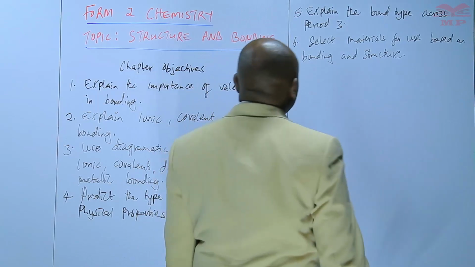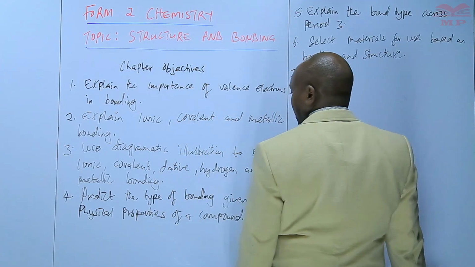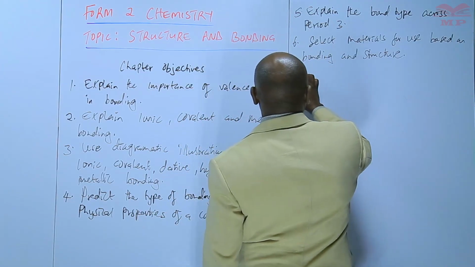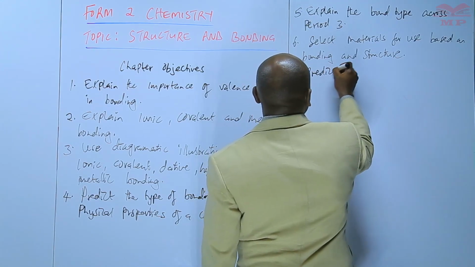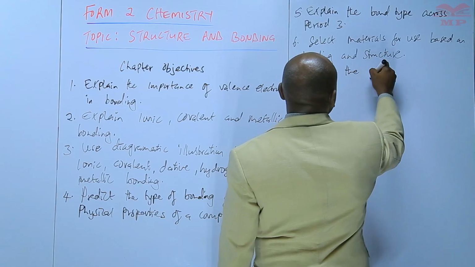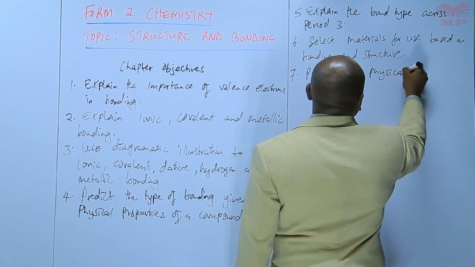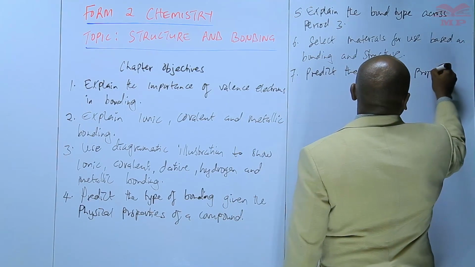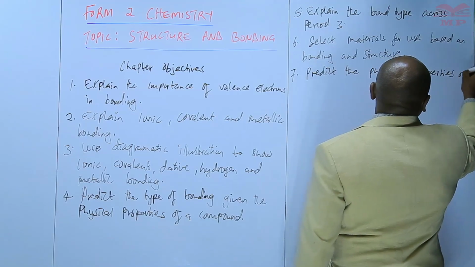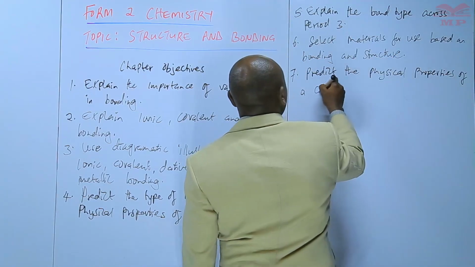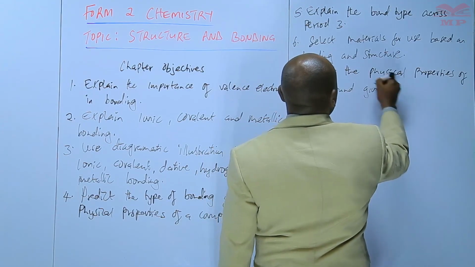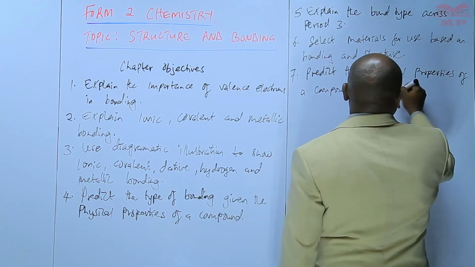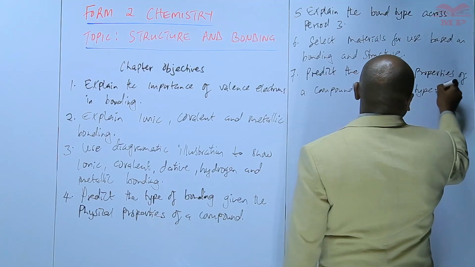And lastly, number 7, we should be able to predict the physical properties of a compound given the type of bond.